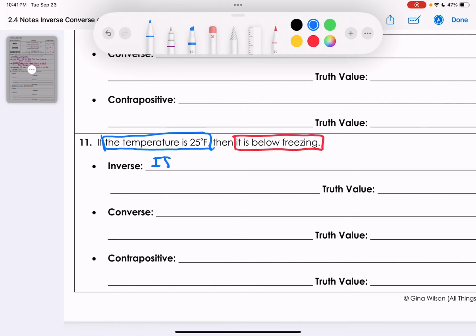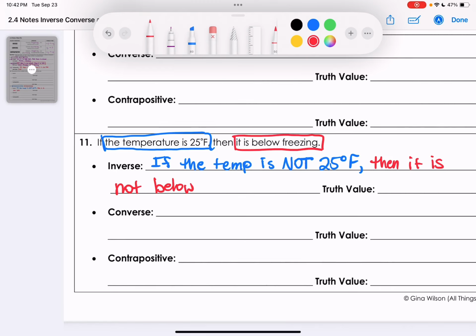So if the temperature is not 25 degrees Fahrenheit, then it is not below freezing. Well, that kind of seems silly to me. So you could have any other temperature that's 32 degrees or below that's not 25 degrees, and then it is below freezing. So this one is false.